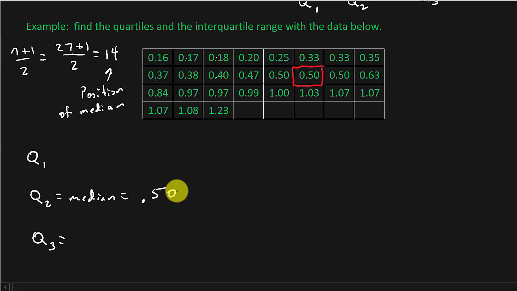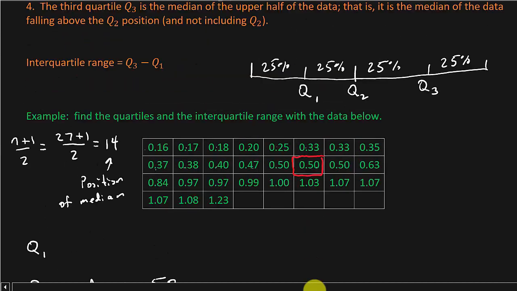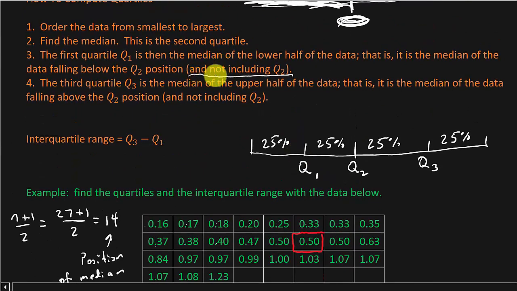All right. Now, let's find Q1. So what does Q1 say? Q1 is the median of the lower half. So that's all the values before this one. And what did it say? Look at this. And not including Q2.